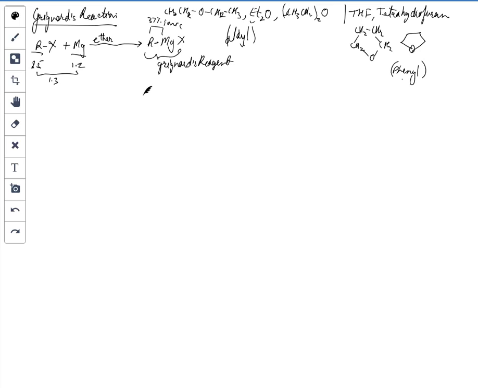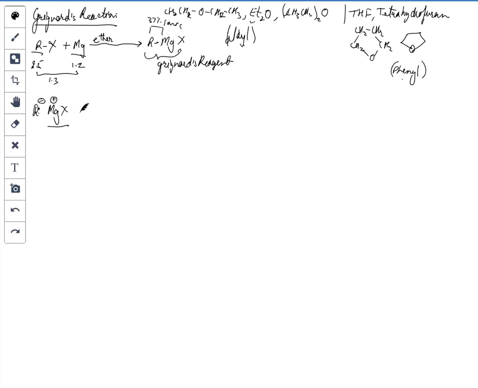So most often, whenever we have to write the Grignard reagent, we write it as R minus with an electron pair and MgX plus. So that is how a Grignard reagent is mostly represented. Now, in the Grignard reagent, R minus is the unstable species, and MgX plus is the stable species.